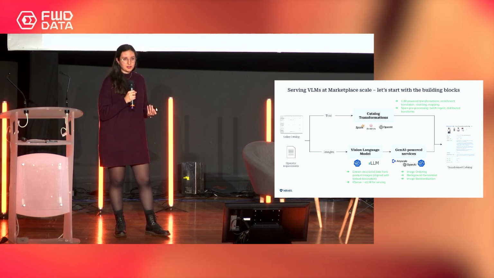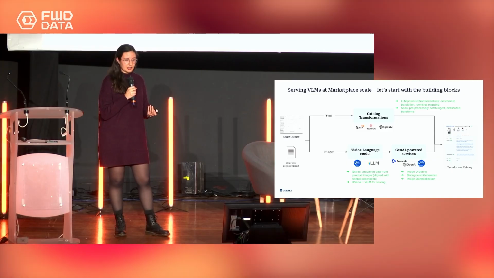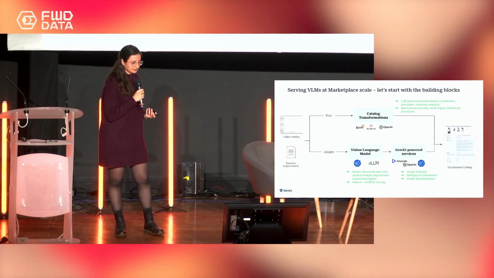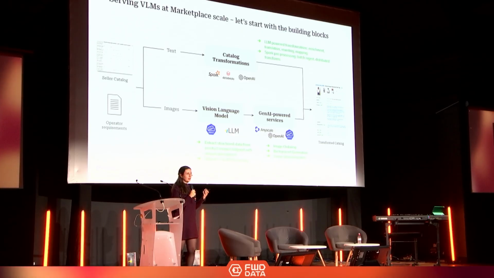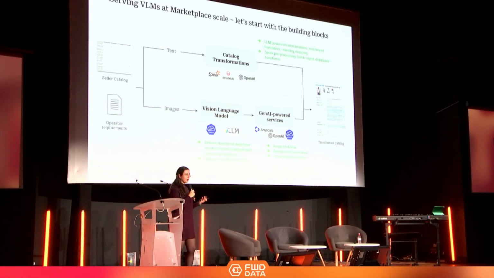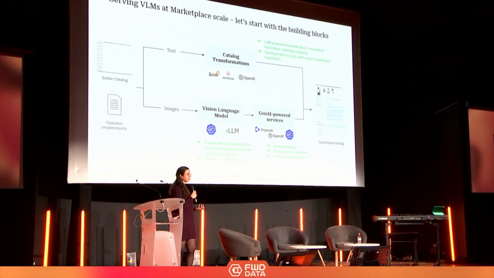So any number of these can work, a combination of these can work as well, as long as we get the desired output. With the text and the images now standardized to the operator's wishes, we've got the transformed catalog that is ready to go live and help the seller achieve their sales target.